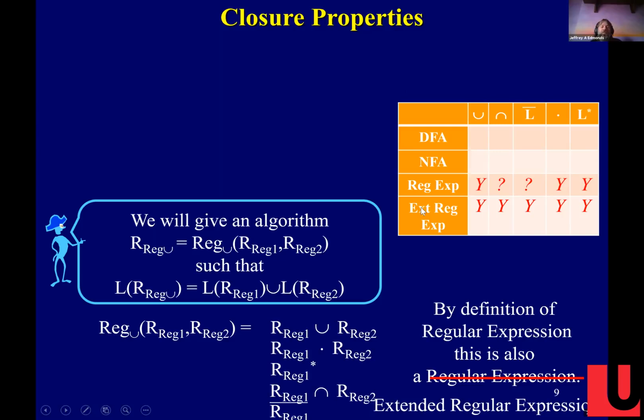Extended regular expressions are definitely closed under all of these operations. But regular expressions, as far as we know, are closed under union and concatenation and Kleene star, but we don't know whether or not they're closed under these other things. Are people following this?